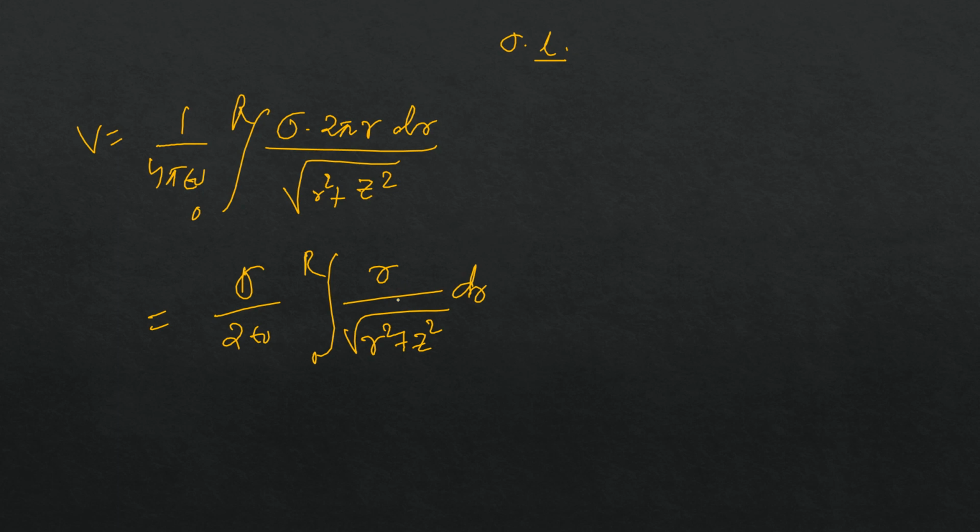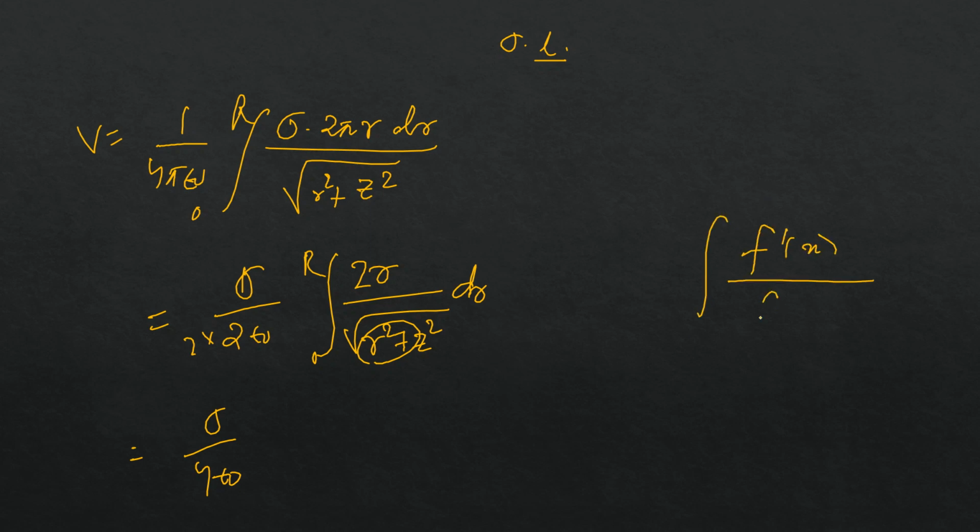Okay, if I multiply and divide by 2, sigma by 4 pi epsilon naught, this integration has its derivative here. For example, the integral of f dash x divided by root of f of x dx will be 2 root of f of x plus c.